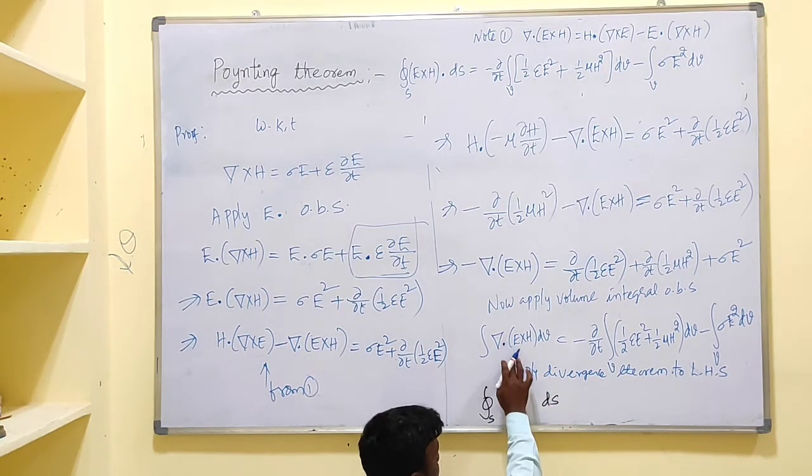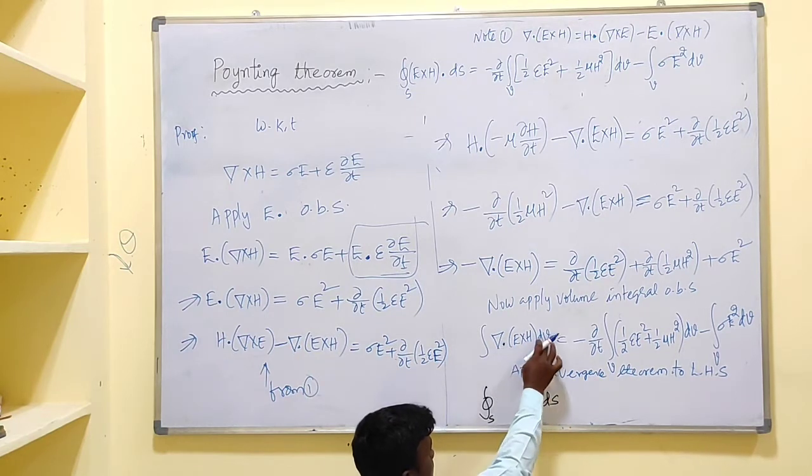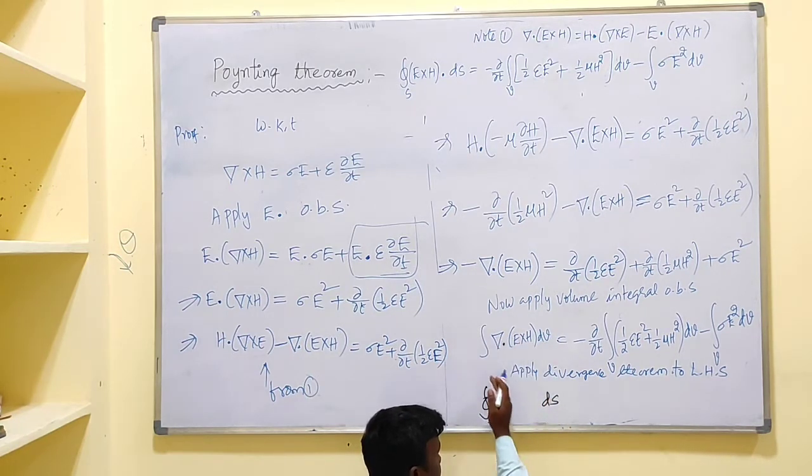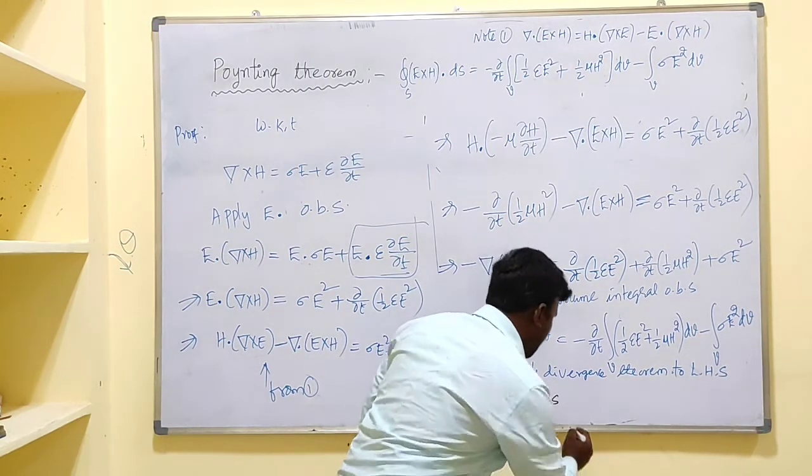Okay, the closed surface integral becomes the volume integral if there exists divergence. Without divergence, this closed surface integral is nothing but what? Without divergence means ∮ E×H·ds is equal to what?